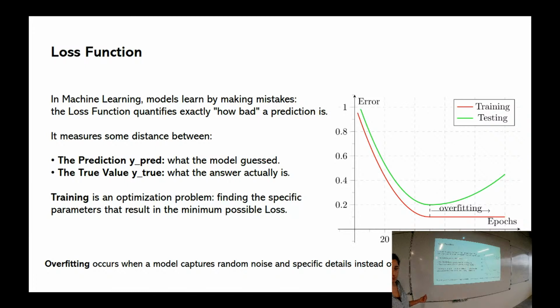For example, I told you about the labels. The labels are usually indicated with the letter Y, while the input is indicated with the letter X. So you have some notion of your ground truth during the training, that's Y true, and you make some prediction, Y predicted. Basically, the difference between the two is the error that you are making in your prediction.